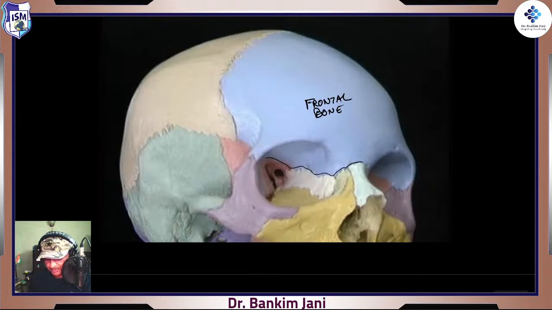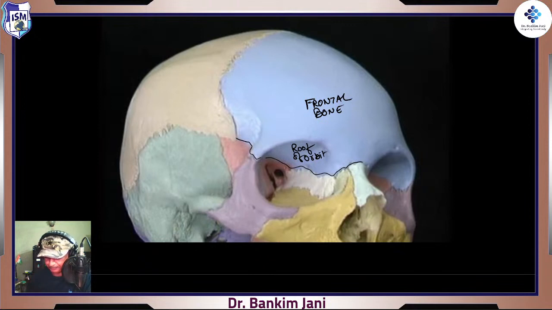See? From the root of the nose all the way, it is forming the roof of the orbit. Because of the roof of the orbit, this particular plate will be forming what? The floor of the anterior cranial fossa, right? And it goes like this, and then it is forming. So it will be coming in contact with the temporal fossa also.